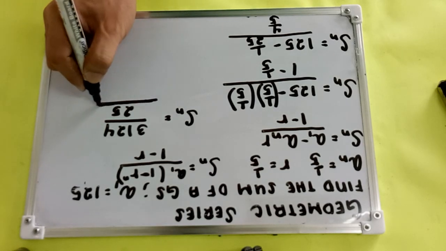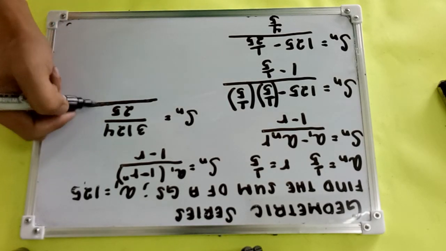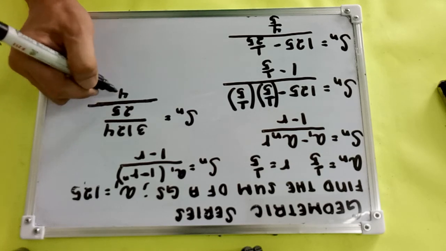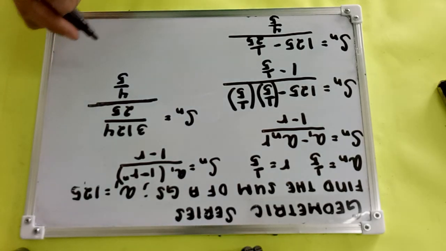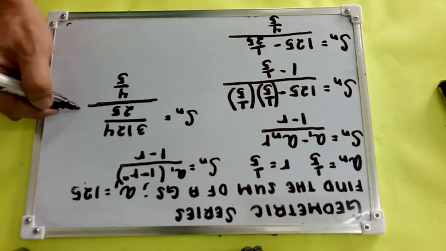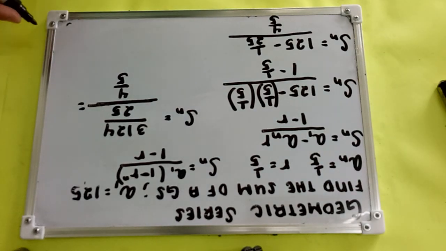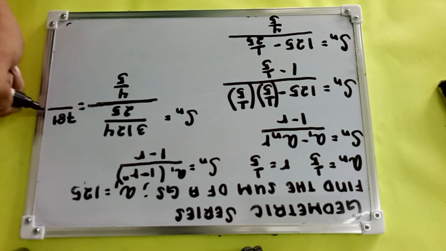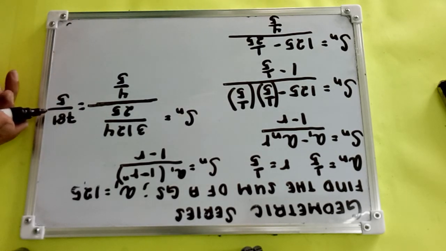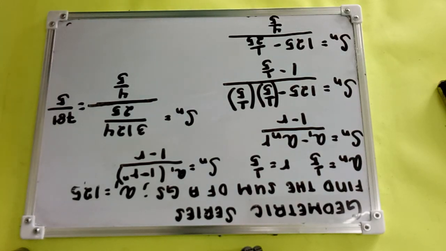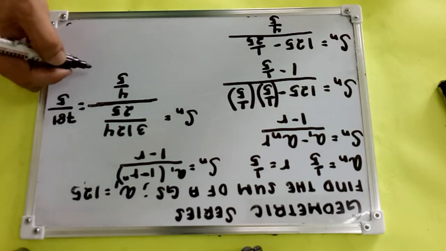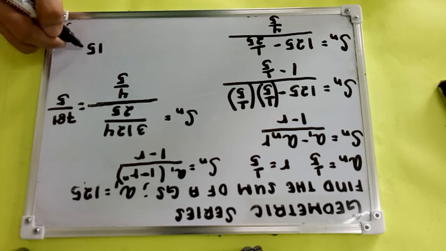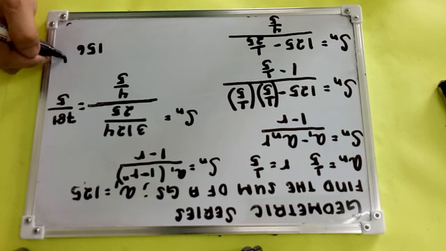So, ito yung numerator natin, fraction. Ang denominator natin is fraction din, which is 4/5. So, using calculator, pwede na nating i-solve to. At ang kakalabasan dyan ay 781 over 5. So, since this is an improper fraction, we can transform it to mixed fraction, which is 156 and 1/5.